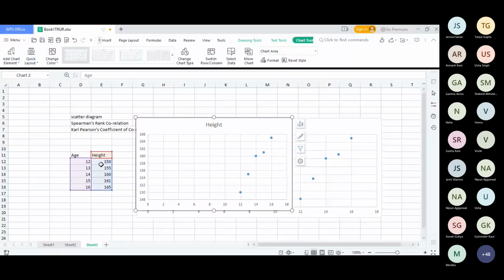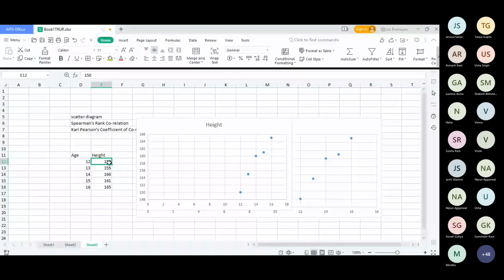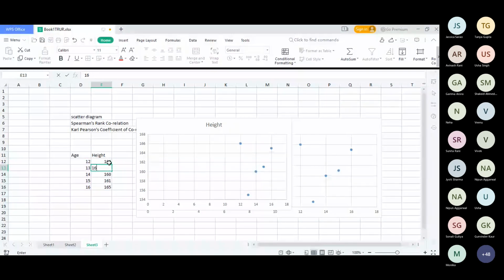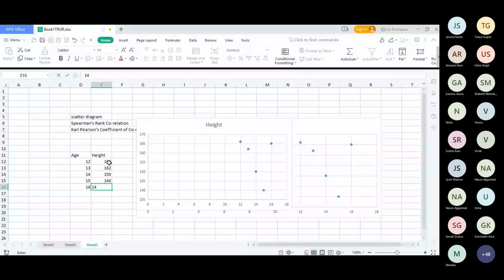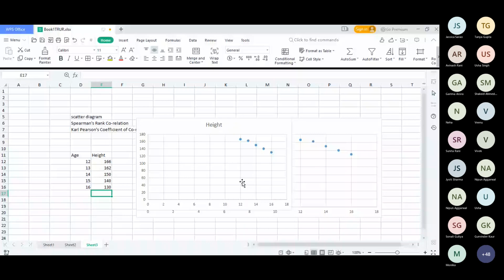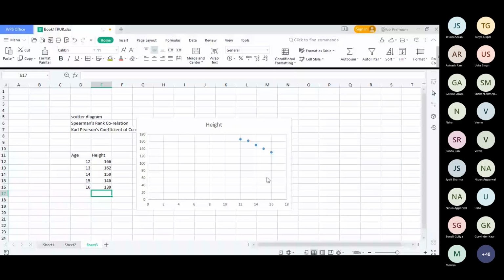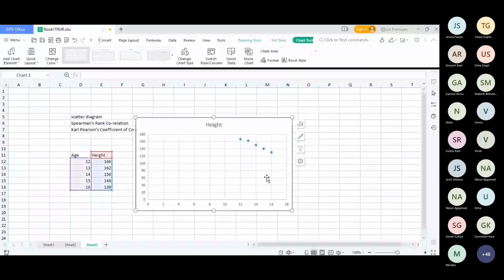But suppose we reverse this data. Suppose the data will be like this now. So let's suppose we have reversed this data.